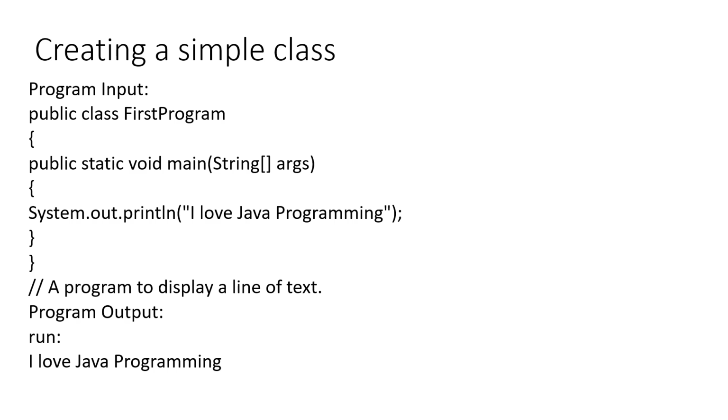We talked about this under data types in the first semester. Because it's a string, it must be enclosed with double quotes. So when you run the program, the output displayed is I love Java programming. That's how a simple class is created.